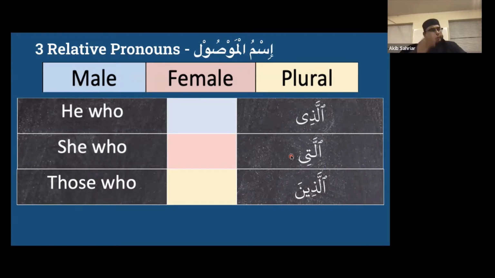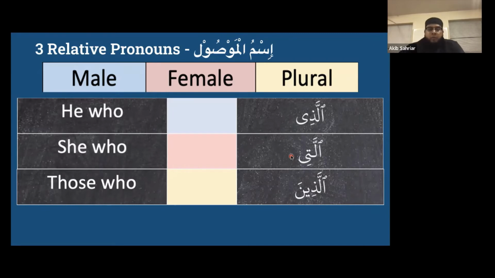Sometimes we add a ta at the end of a verb to describe a female doing something. Like for example, we know the word kitab now, the kitab means book. So the verb of that is kataba, right? Kataba means a male is writing, or he wrote something, right? Kataba rajulun, that a man wrote.